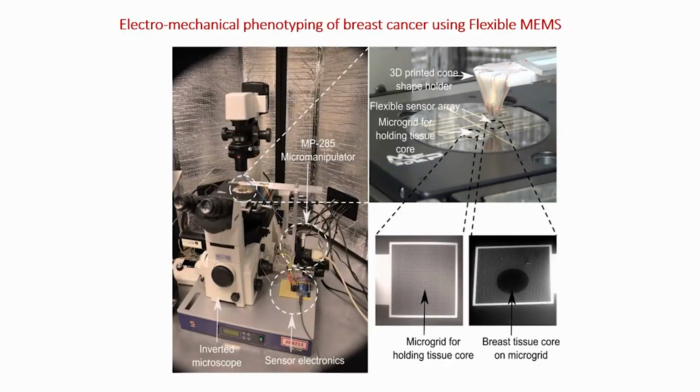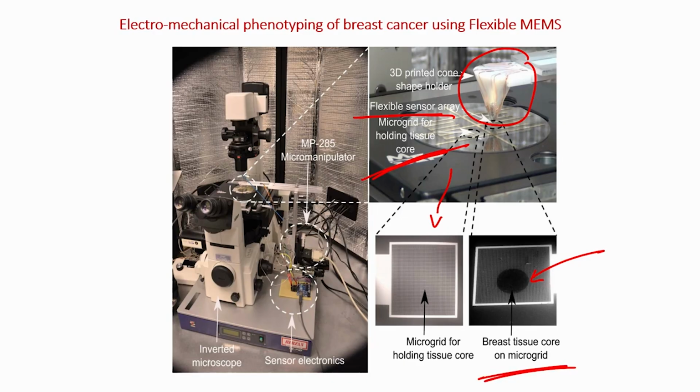We have a 3D printed cone right over here, and we have attached the flexible sensor onto the 3D printed cone. At the bottom, which you can see here, there is an electrode or a microgrid for holding tissue, and this is the image where we can see a breast tissue core on the microgrid.